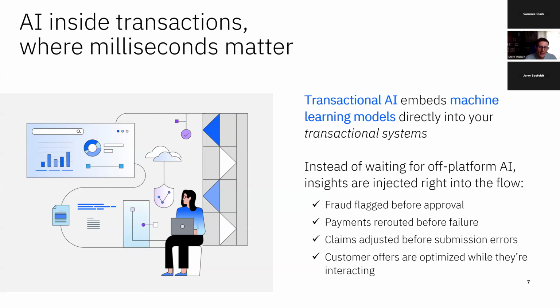So imagine that I can flag fraud before I approve or decline. There's a phrase out there which I always have to chuckle about: near real-time AI. Near real-time AI is a euphemism for not real-time AI. It means sometime quite close to the transaction, I'm going to have a score.